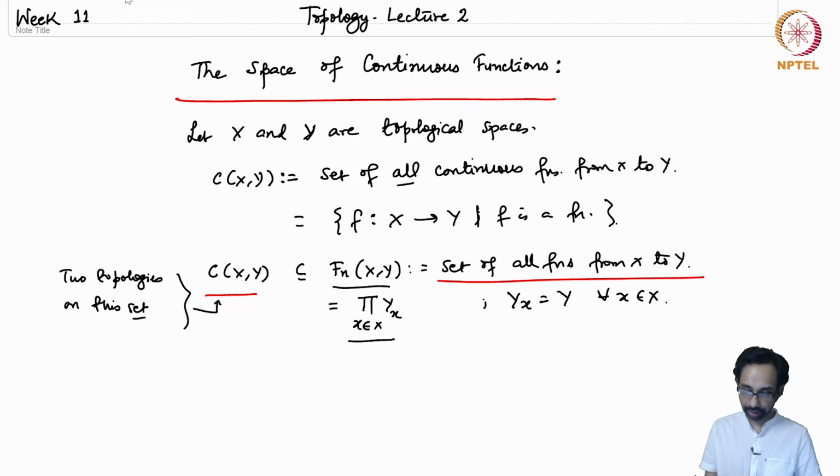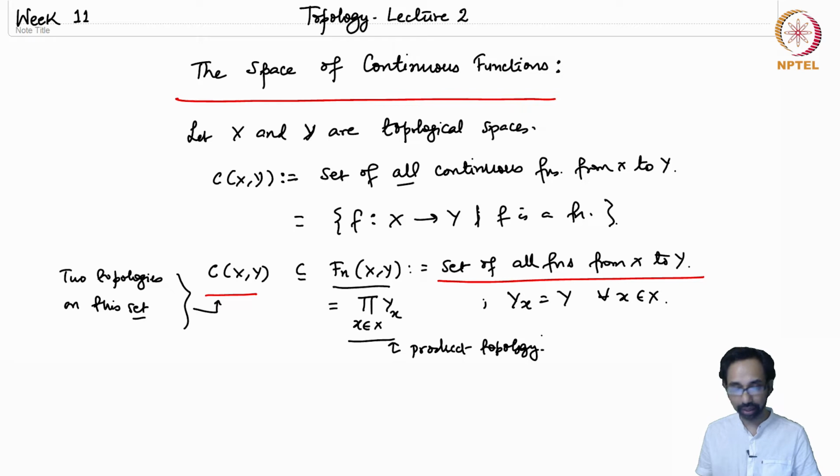So here, since this is an arbitrary Cartesian product, we can put the product topology on this space, which only takes into account the topology on Y, because for the product topology we don't need any topology on X to define the product topology. However, the other topology, which will be for the special case when Y is a metric space, will take into account both topologies on X and Y.